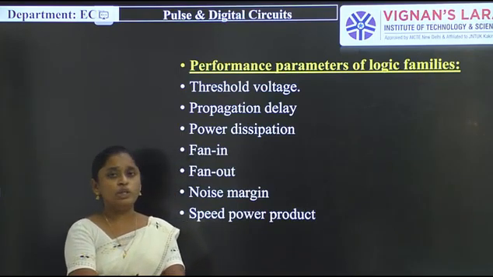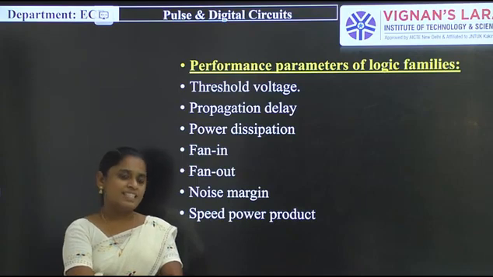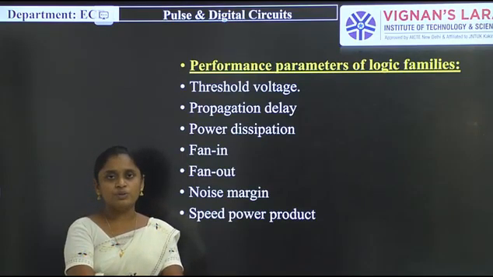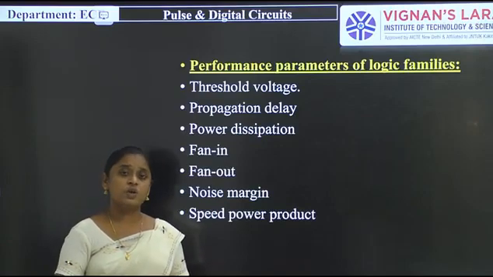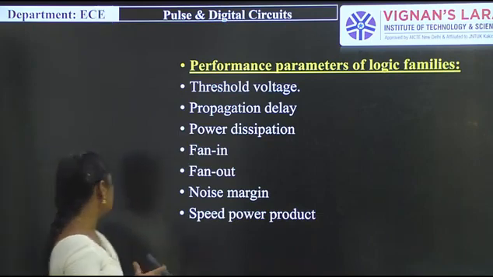So I think all of you know what is meant by logic, that is logic ICs are digital ICs. Each digital IC operates with either logic 0 or logic 1. So we have to represent logic 0 and logic 1 like this.